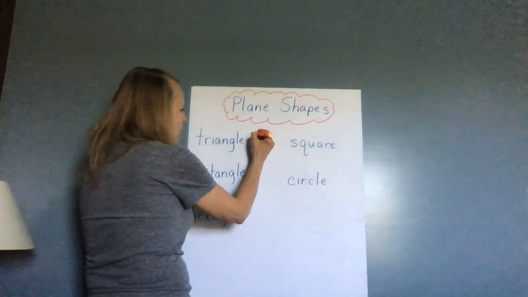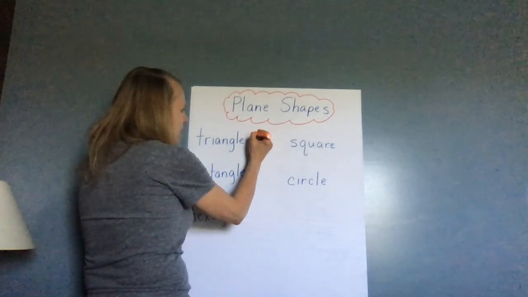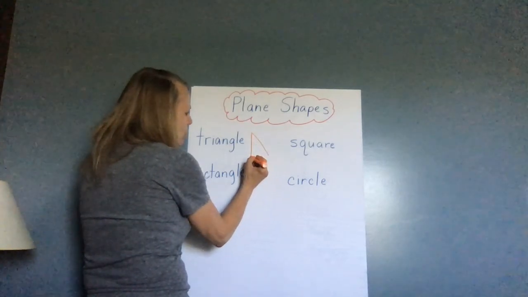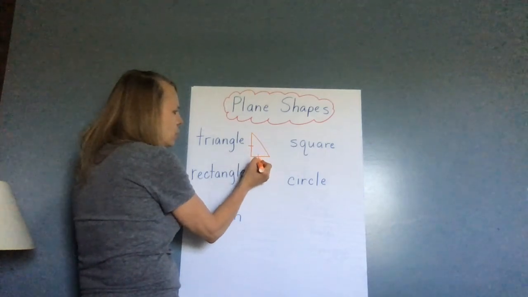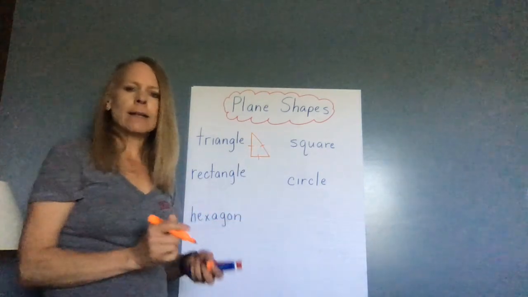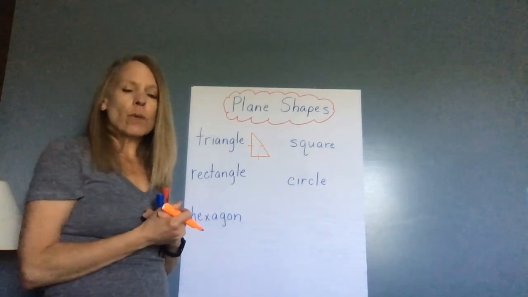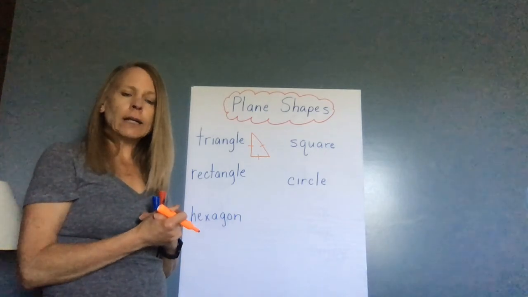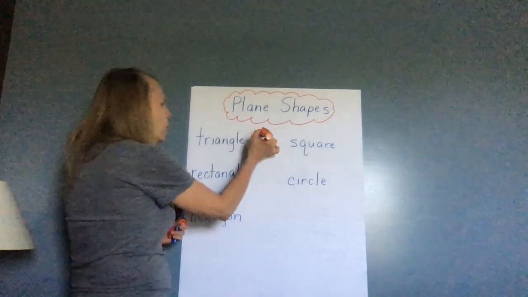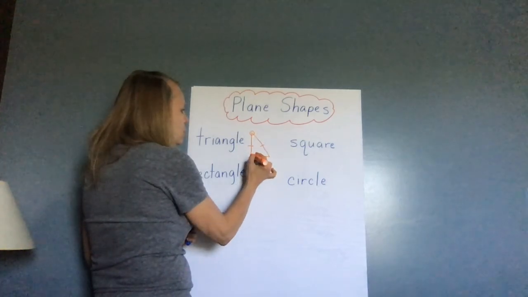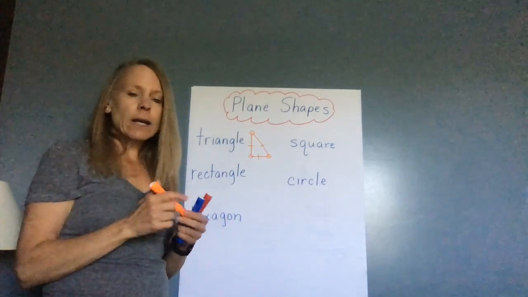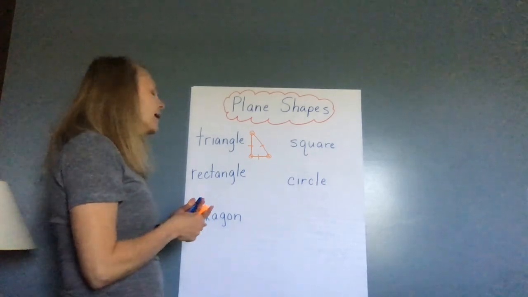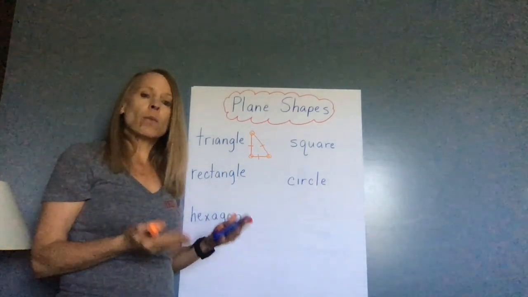So if I draw a triangle, it's going to have 1, 2, 3 sides. It is also going to have 3 corners. 1, 2, 3.